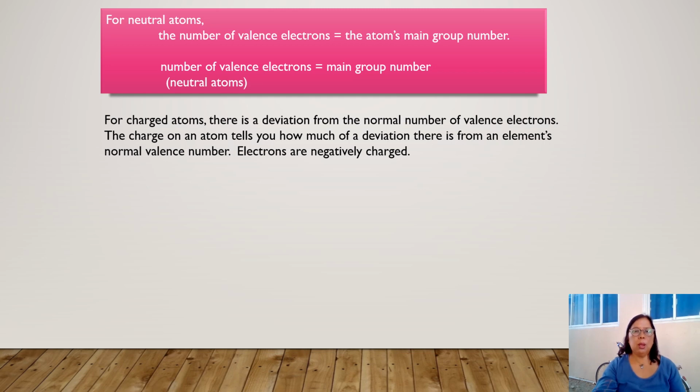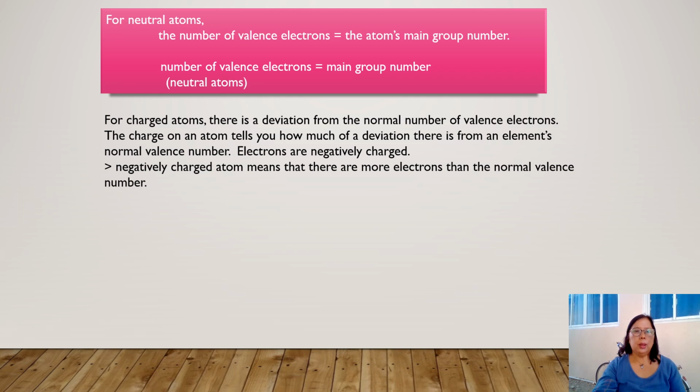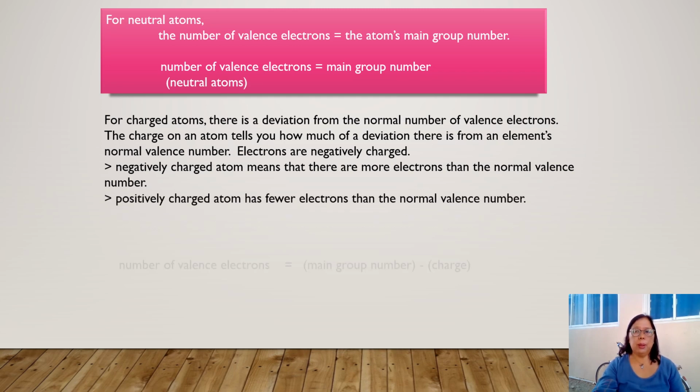Following the octet rule, 7 minus 8 will give negative 1. So, the electrons are in negative condition also. Negatively charged atom means that there are more electrons than the normal valence number. Positively charged atom has fewer electrons than the normal valence electrons.